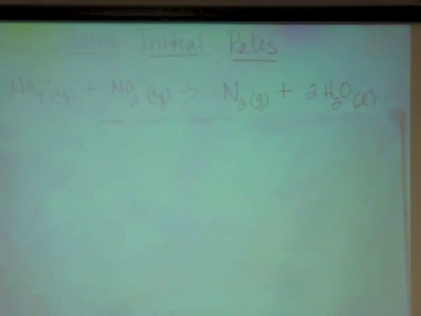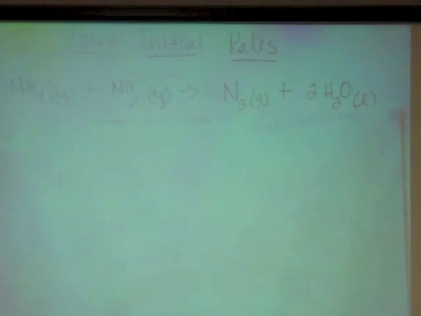In terms of the net ionic, we have ammonium ion plus nitrite ion react to give us 1 mole of N2 gas and 2 moles of water.